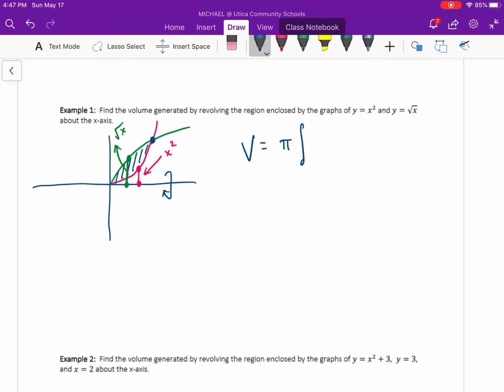So the volume, pi, in this case, these guys meet up, in case we haven't noted that, at 1. So we're going from 0 to 1 of the outside, so r squared, minus the inside function squared.